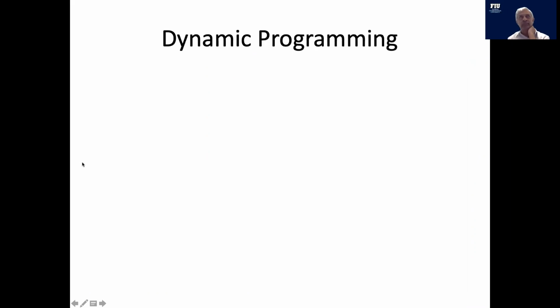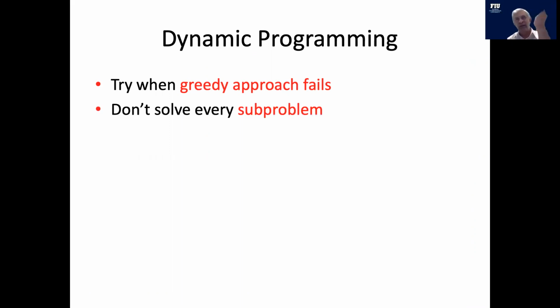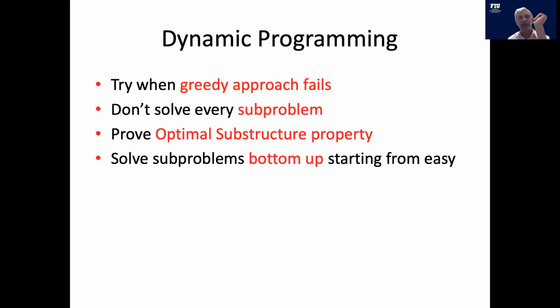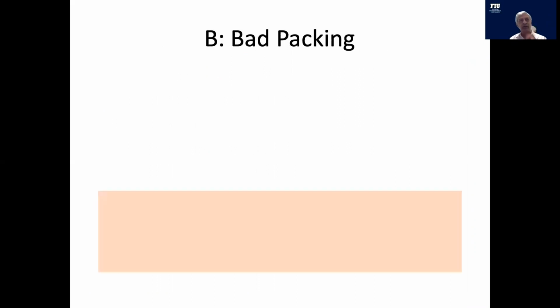Now, all of this is dynamic programming. What we just did is dynamic programming. I'll explain all this to you some other day. Every dynamic programming problem has all these nice properties, and you can solve them in a very clean, algorithmic way. But let me just quickly introduce to you the bad packing problem.